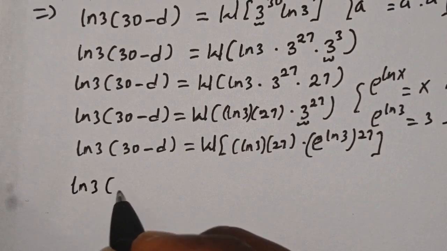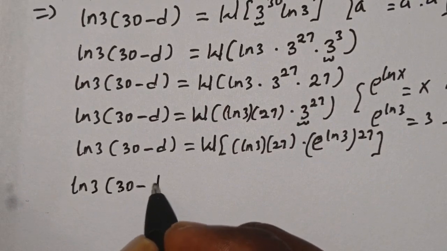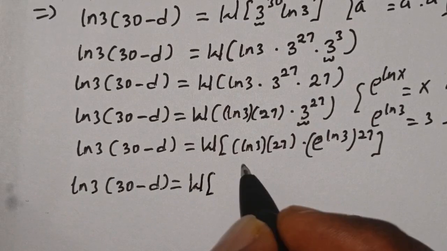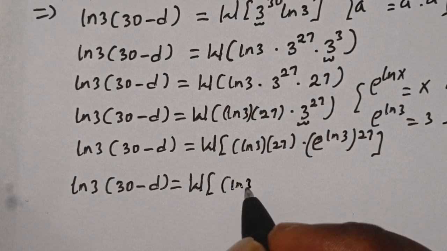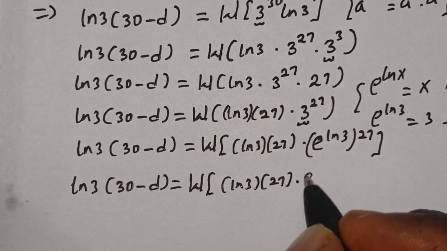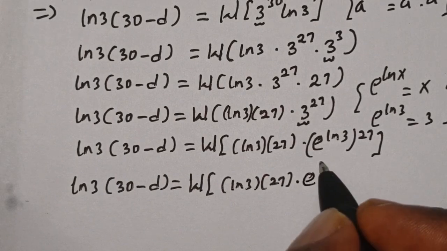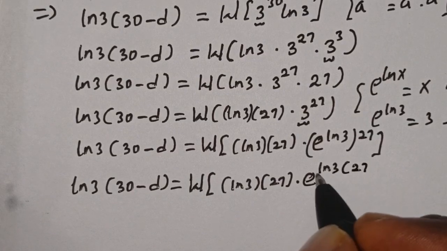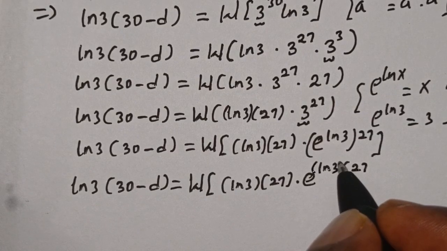Ln 3 of 30 minus d is equal to W of ln 3 times 27 times e to the power of ln 3 times 27. Let's put this also in brackets.